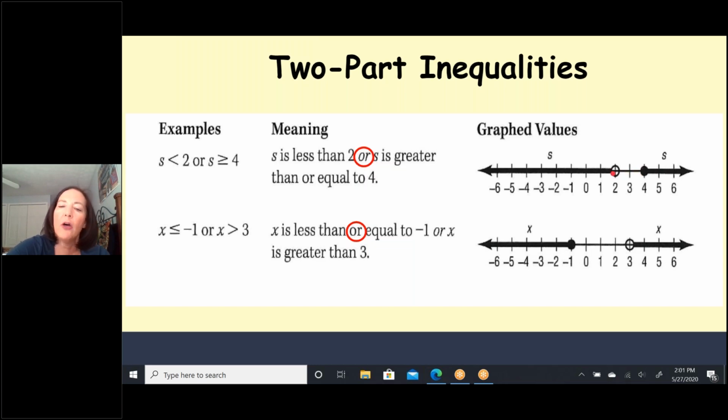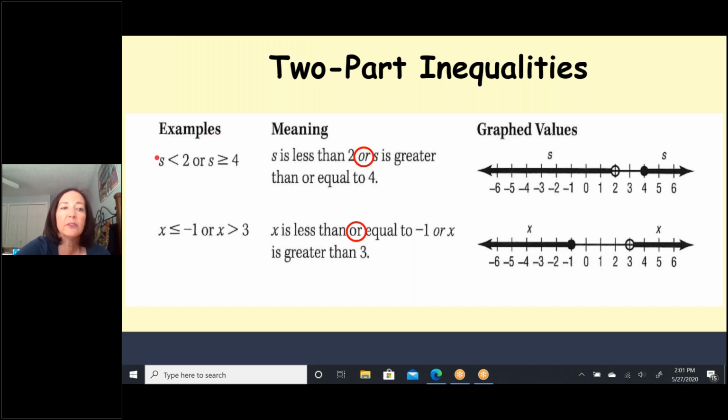We're all the way to the left side of 2, and all the way to the right side of 4. It's a little more complex problem. Let's look at the first one. The inequality would be written s is less than 2 or s is greater than or equal to 4.